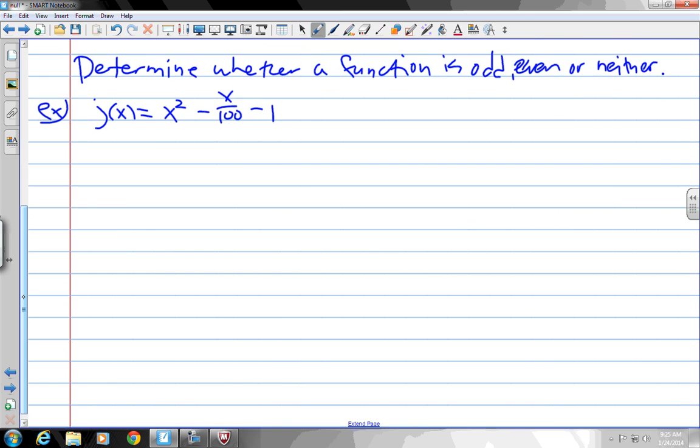We're always going to start with plugging negative x in for x. So that becomes negative x quantity squared minus negative x over 100 minus 1. Is that okay? Simplify this a little bit.